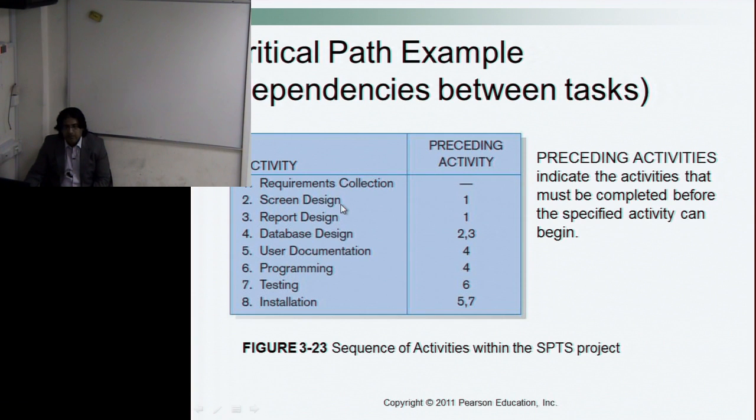Screen designing is an activity, the interface you see on the screen for any application. Then there is report designing. Normally you print out the reports at the end after doing some work or some transactions.